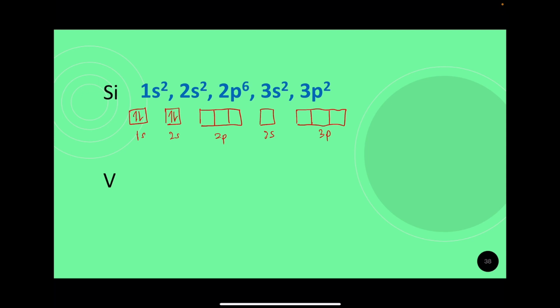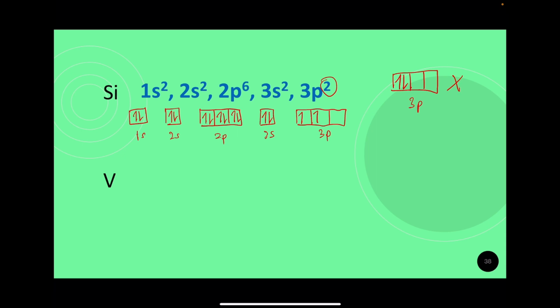2 electrons, 2 electrons, 6 electrons, and then this one 2 electrons, and then the last one, since it has 2 electrons only, we just draw like this. Okay, so this is the correct way to draw the orbital diagram for silicon. If you draw the 3p like this, 1 and 2, you are wrong.